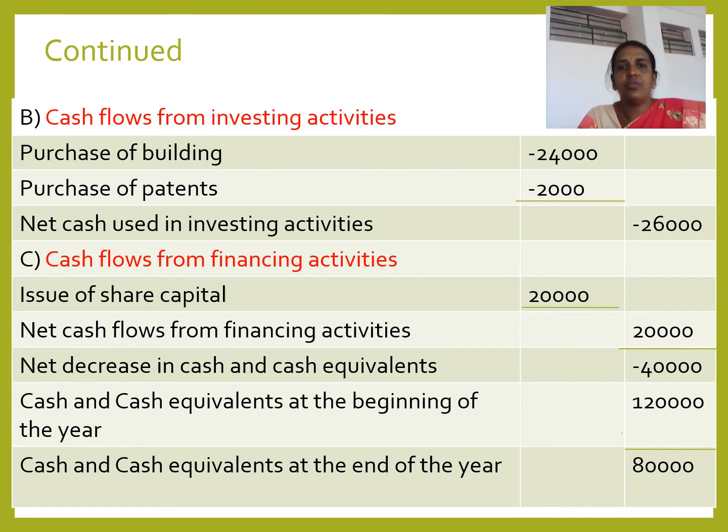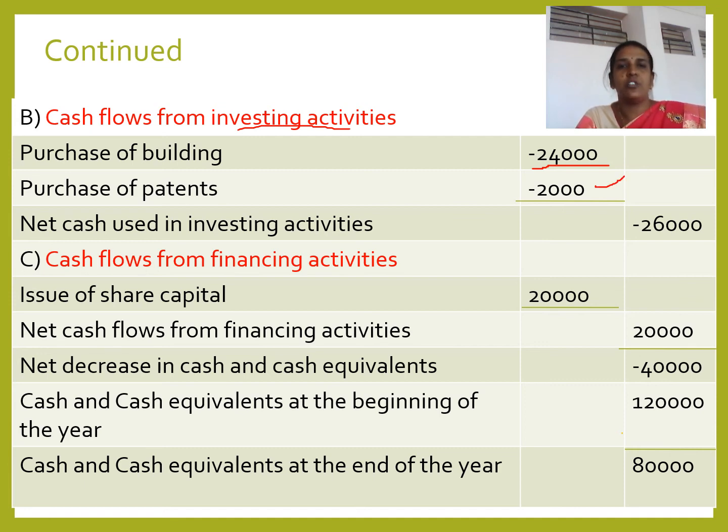Then next we have to take cash flow from investing activities. As I have told you, there is a purchase of building for rupees 24,000, and as the company purchases the building or any fixed asset, cash goes out of the business organization, so that amount must be with a negative symbol. The next one is purchase of patents, that is also an outflow of cash, so we have to take it with a negative sign, that is for rupees 2,000.